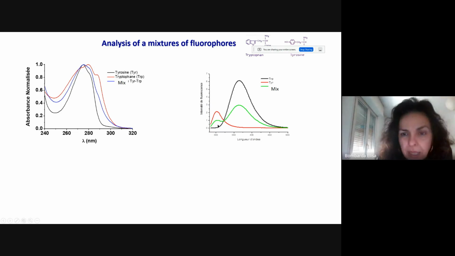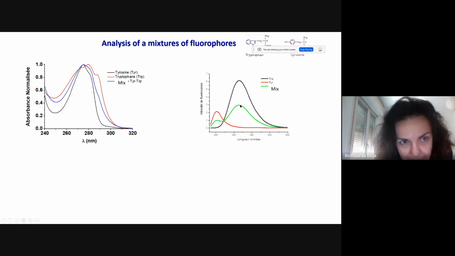Here we excite at 280, and we have the spectrum of the tryptophan in black, alone, and of the tyrosine in red. As you see, they are quite different. The tyrosine emits at around 305, but they overlap.